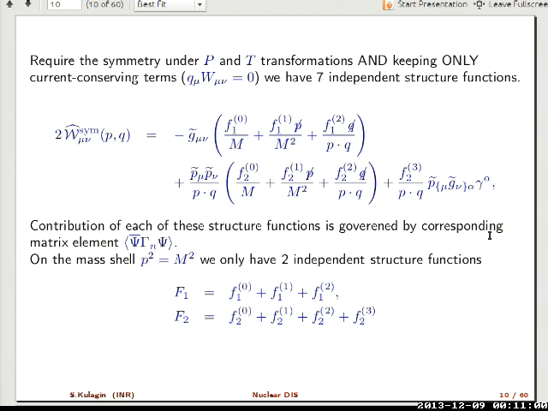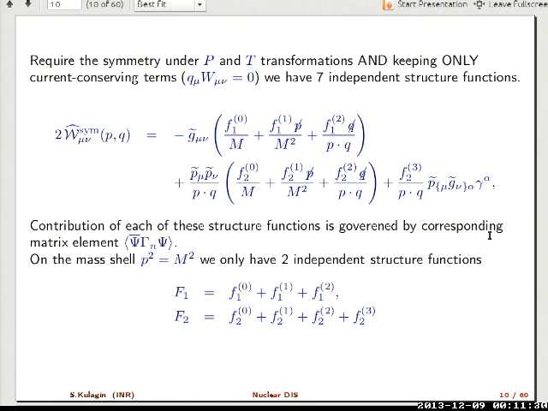Let me also say why this may not be true. The current should of course conserve, but it should conserve for the full hadronic tensor, not only for the impulse approximation. So the current may not be conserved for the impulse approximation, but then can be compensated somehow by interaction effects and corrections.